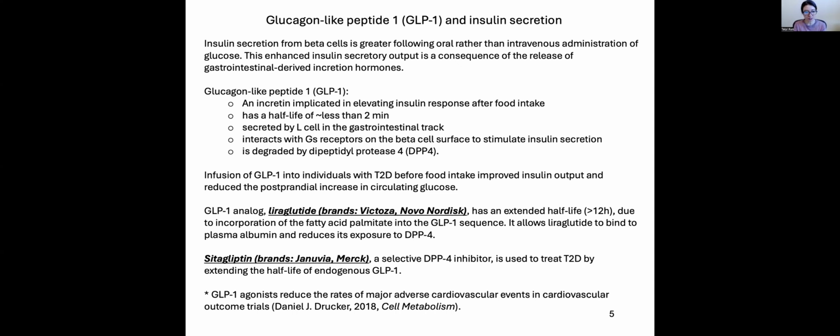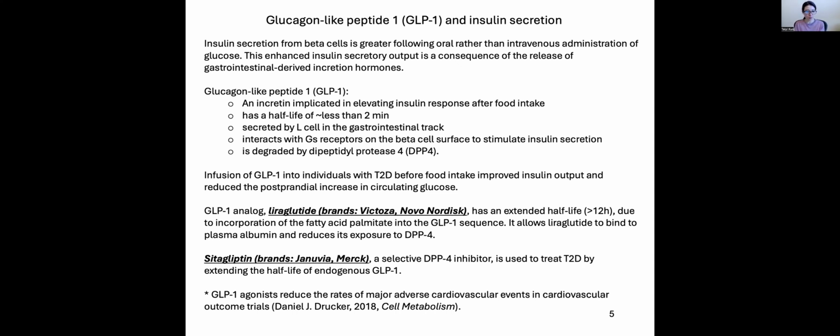If we incorporate the fatty acid palmitate onto the GLP-1 sequence, then we can extend its half-life from less than 2 minutes to more than 12 hours. And it allows liraglutide to bind to the plasma albumin, therefore reducing exposure to DPP4, which degrades GLP-1.